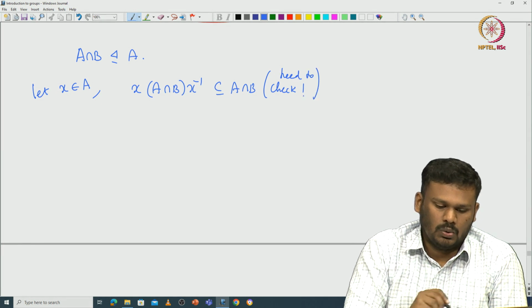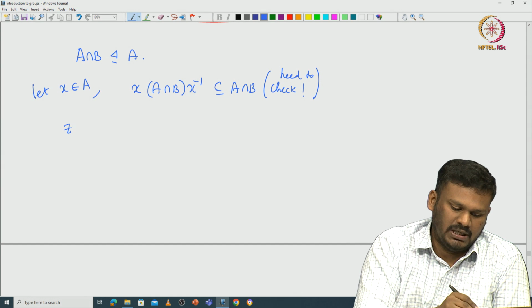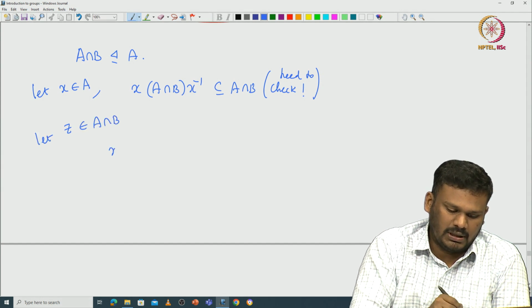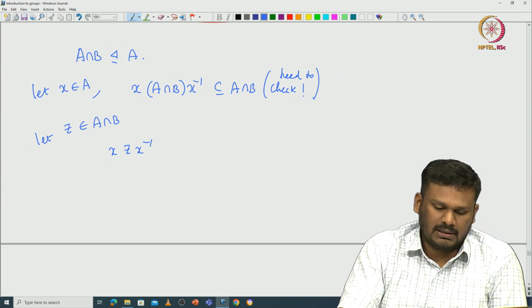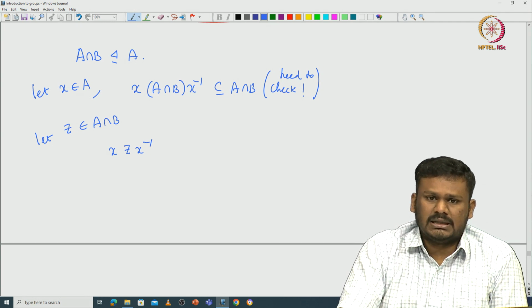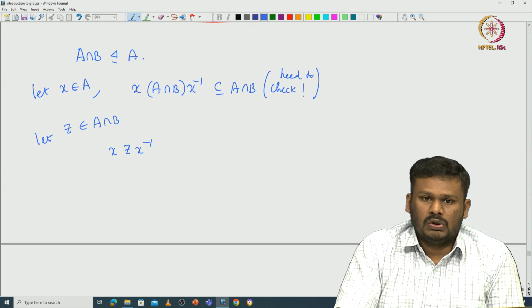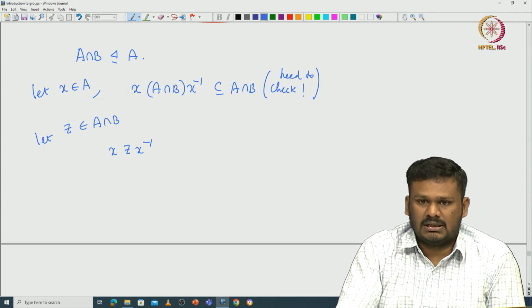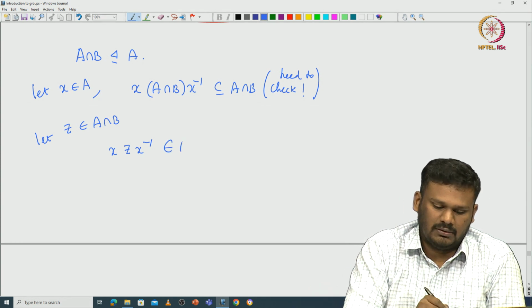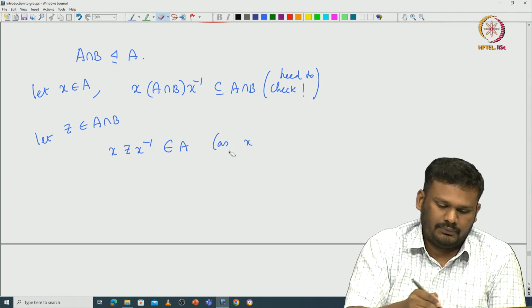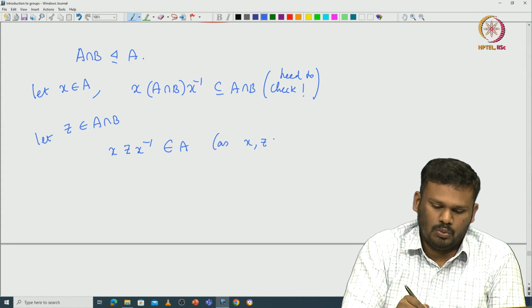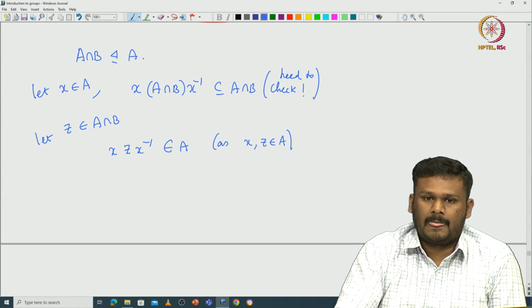Okay. So, why is this the case? Start with some z inside A intersection B. Then look at xzx inverse. Okay. So, now this x is coming from capital A, z is coming from again capital A. So, the conjugation xzx inverse will be naturally in capital A, as x and z both are elements of capital A. Okay.